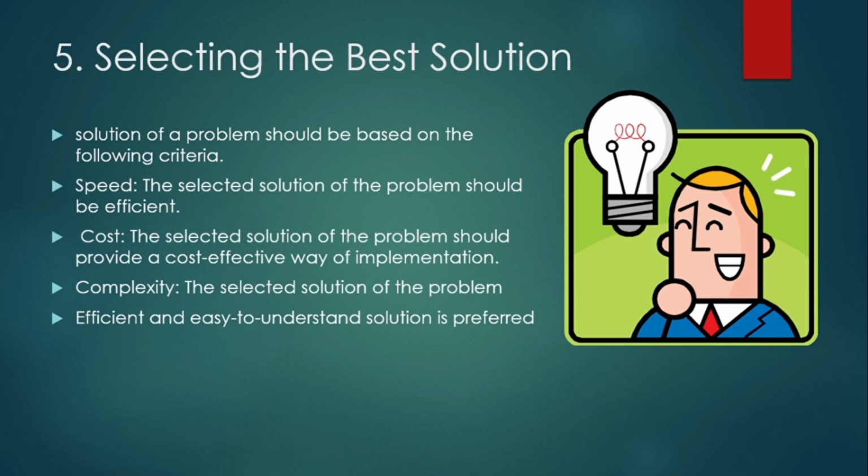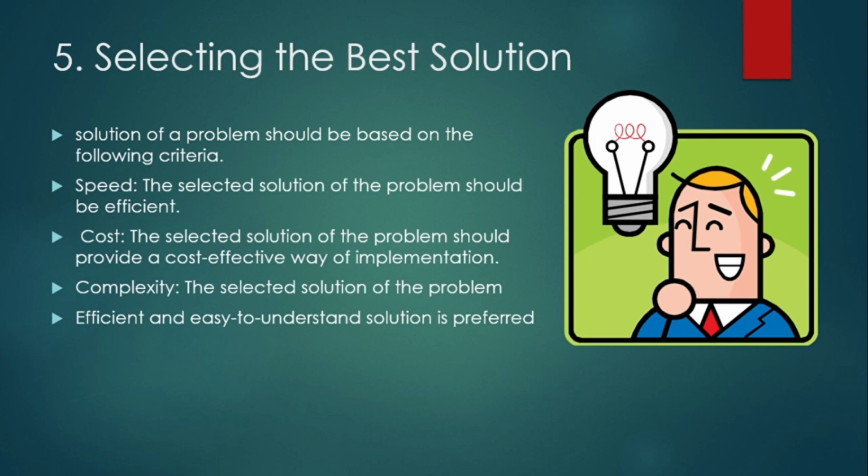In other words, when the solution is implemented in a programming language, the program should run fast. Number two, cost. The selected solution of the problem should be cost effective in terms of implementation complexity. The selected solution of a problem should not be complicated. It should contain a minimum number of instructions, simple steps.